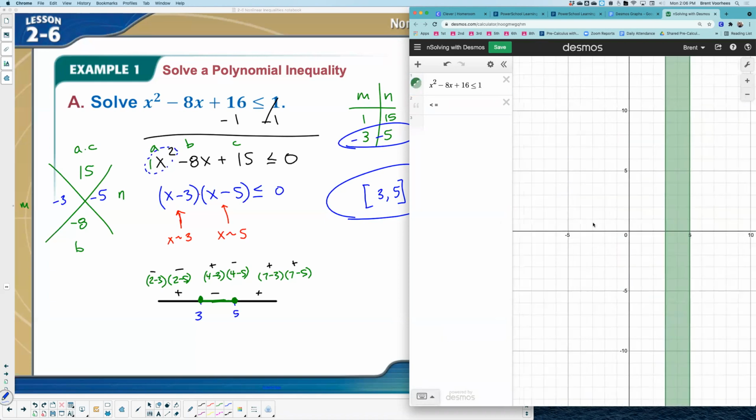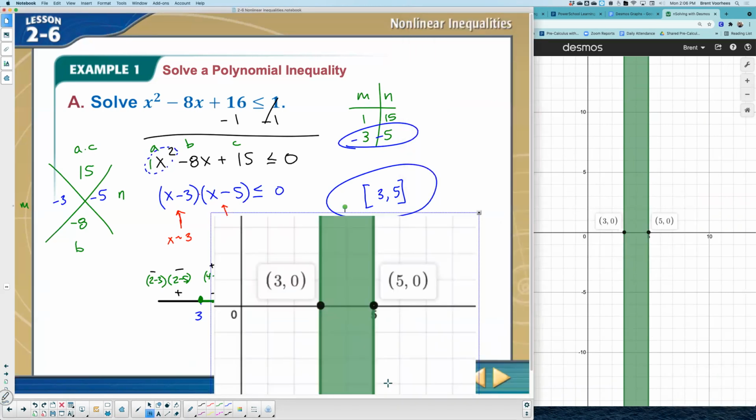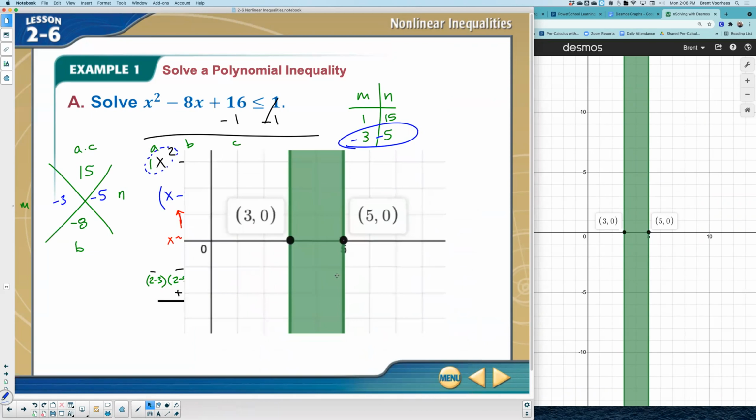This is so sweet. It shows me an answer set as shaded, and between what two numbers is it shaded? 3 and 5. You see this dark solid line on the outside? That means it can be equal to it, so you'd use a bracket. It's between 3 and 5. How about that? Was that pretty neat? So did we need to do all this algebra? No, but don't you feel smarter?